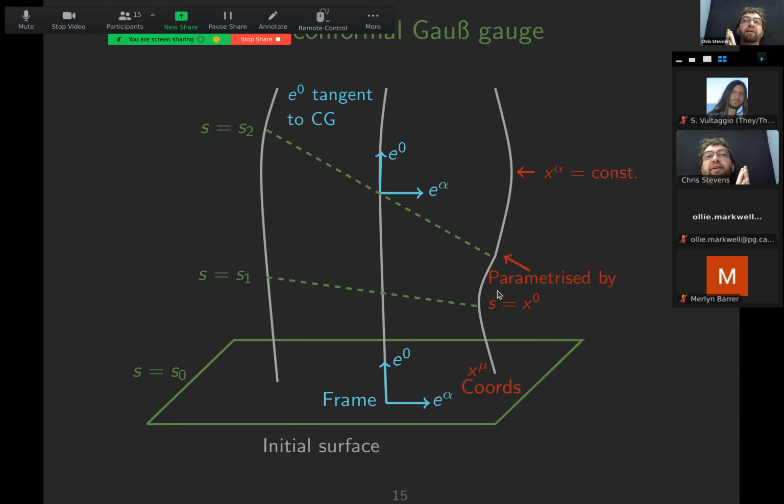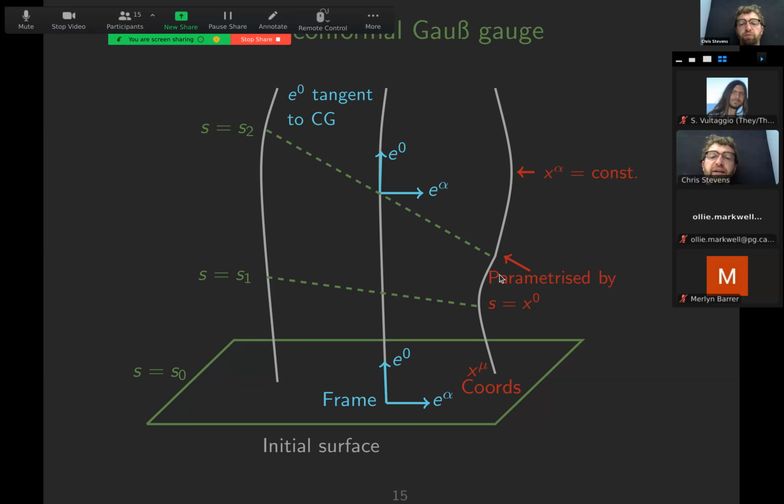We again continue to have our time-like frame vector proportional to the tangent vector of these geodesics, and the spatial ones orthogonal. And then finally, we say we want our spatial coordinates to be constant along these conformal geodesics. So that gives us a full 4D frame and coordinates that are adapted to this sort of conformal property.